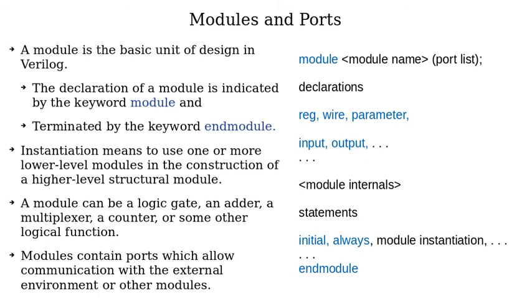We cannot nest one module inside another module, which means between module and endmodule we cannot define anything with the keywords module and endmodule. In order to use a module inside another module, we need to instantiate the module. Instantiation means to use one or more lower-level modules in the construction of higher-level structural modules.